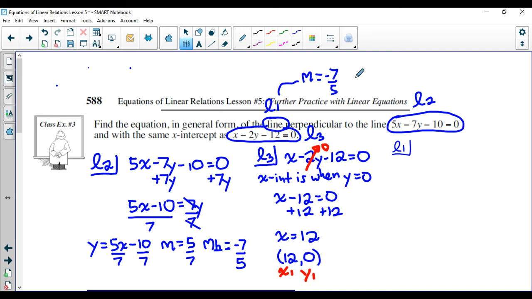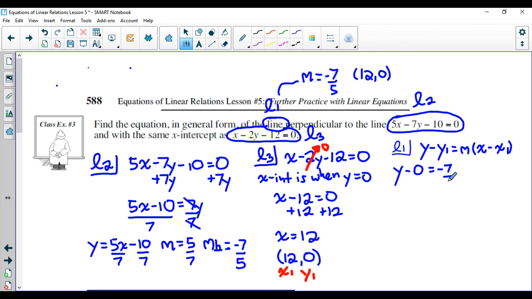So now what we have here is the slope. The slope is -7 over 5, and we know our line passes through the point 12, 0. It has that x-intercept. So we can use the slope point form to write the equation and then get it into general form. My slope point form is y minus y1 is equal to m times x subtract x1. Let's plug numbers in here. The value of y1 is 0.